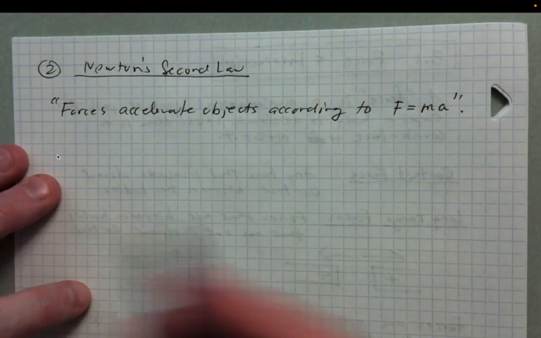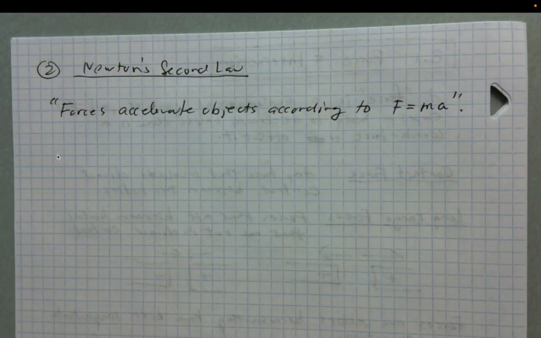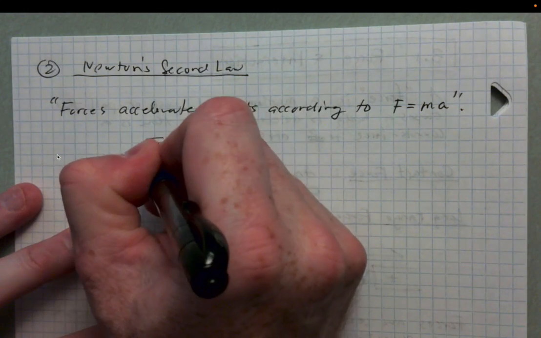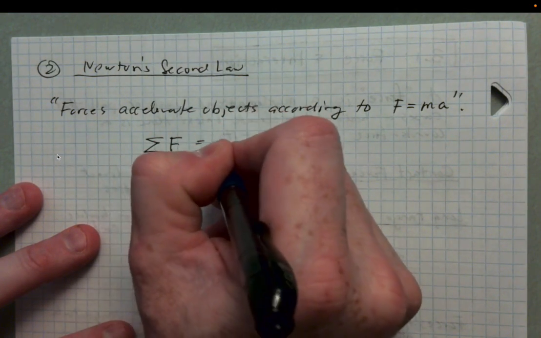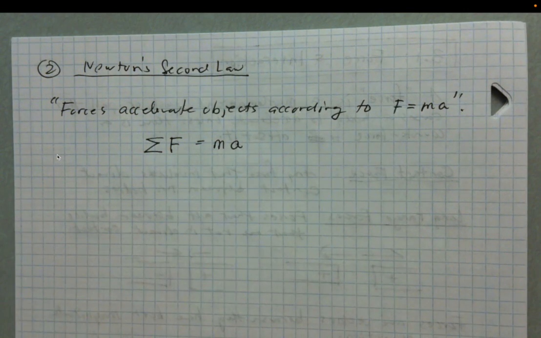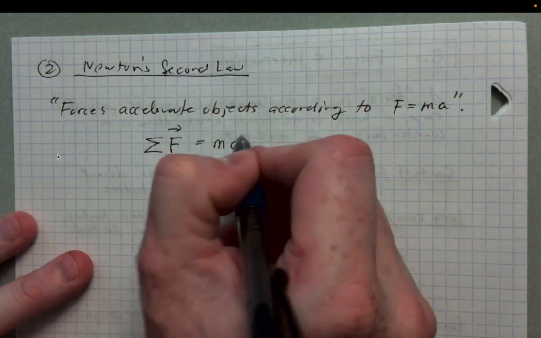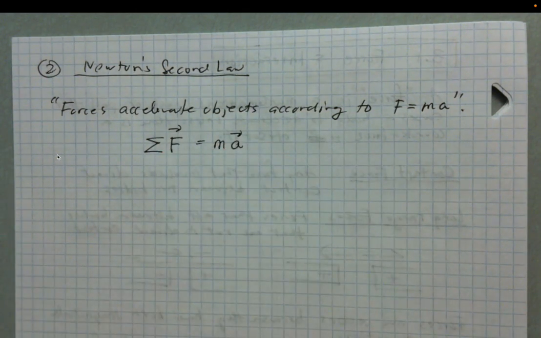But given that there can be many forces involved, we say the sum of the forces is equal to the mass times the acceleration. So force is equal to the product of a mass and its acceleration. Again, we think of forces as vectors, and we also think of acceleration as a vector. So mass is a scalar that gets tossed onto the side of this acceleration vector.